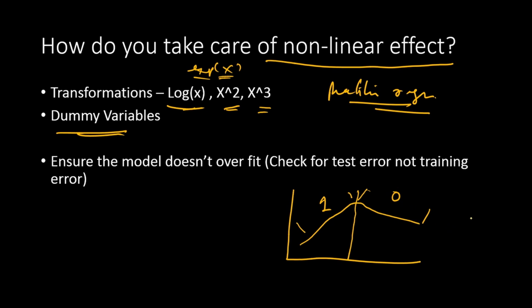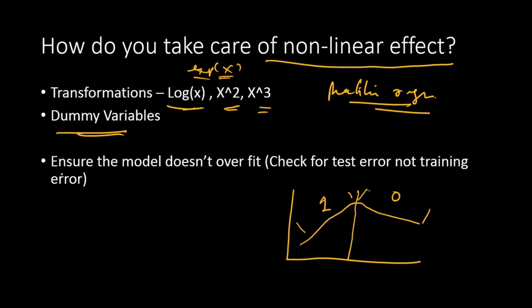And then take an interaction of that with a number of other independent variables. So that's also another way of handling the nonlinear effect in your data. Or simply you just put the dummy variable in the equation, and that also will capture a bit of nonlinearity, if not very efficiently, but it's certainly going to capture some amount of it.